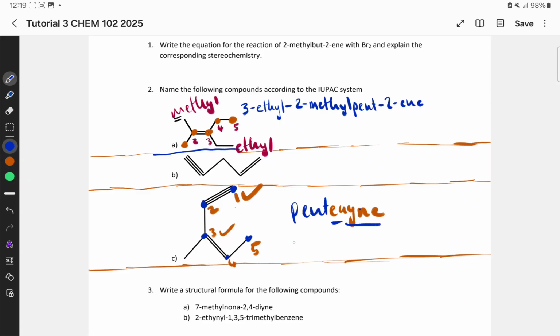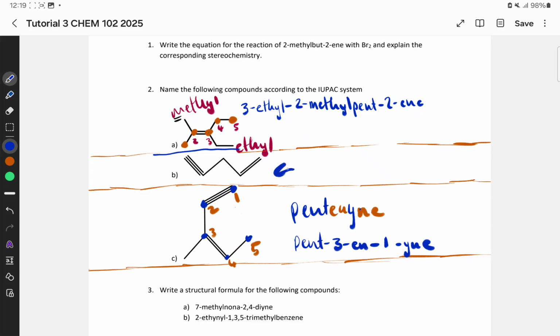What is the position of the "-ene"? 3. So it's pent-3-en, then the yne. So that is what happens. This is going to be pent-3-en-1-yne, sorry, it's 1-yne. So the alkyne is on position 1. So it's pent-3-en-1-yne, and that is the position.